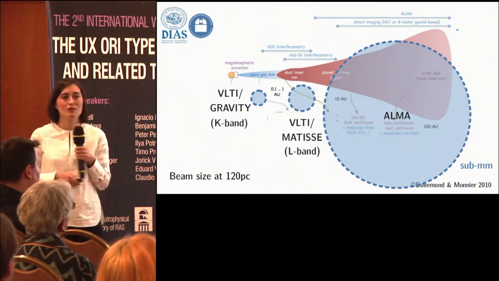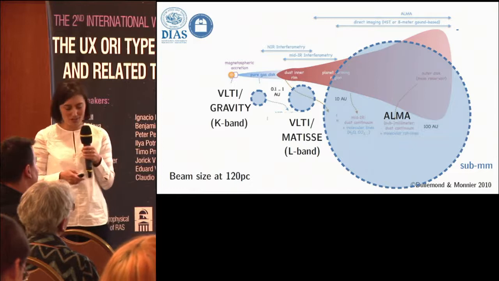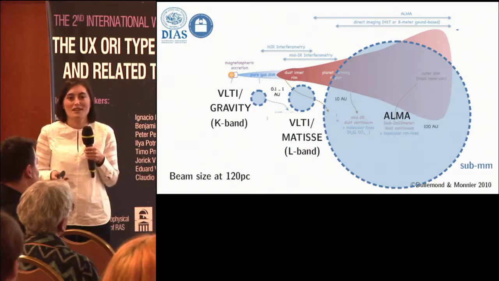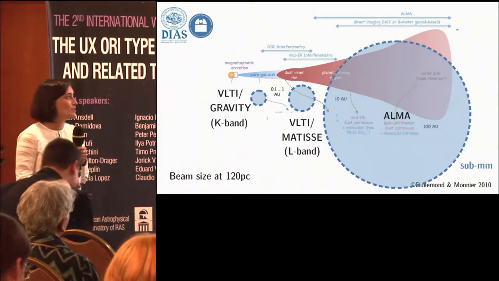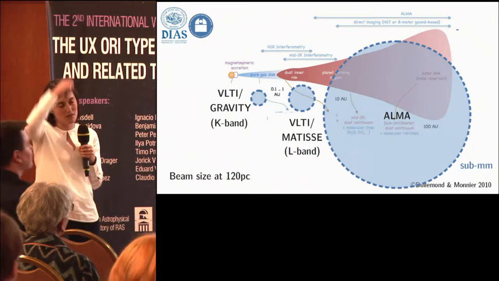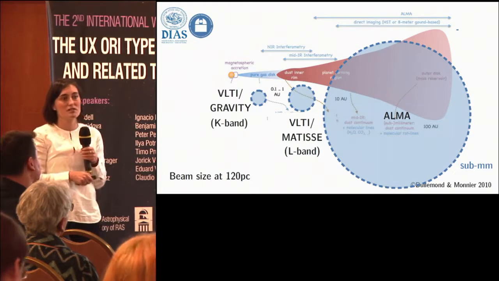With this plot, I want to show you that we really need optical interferometry, so we cannot go to the inner disk using ALMA. First of all, because the inner disk is hot, so you will not be tracing much with ALMA, but also because the beam size, even with ALMA with the longest baseline, is too big to trace small structures in the inner disk.